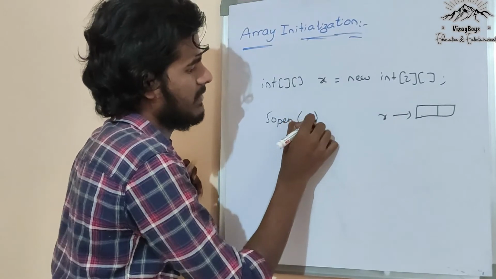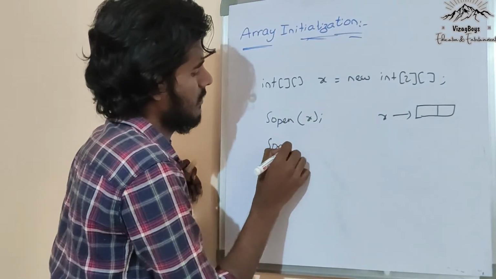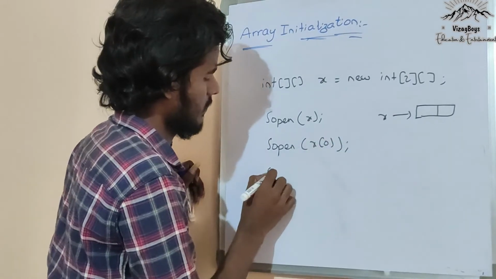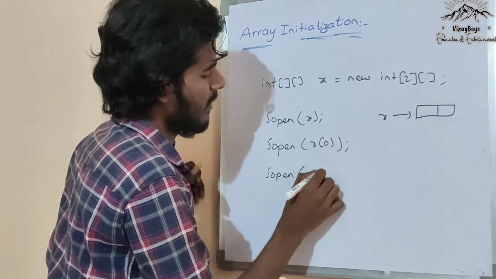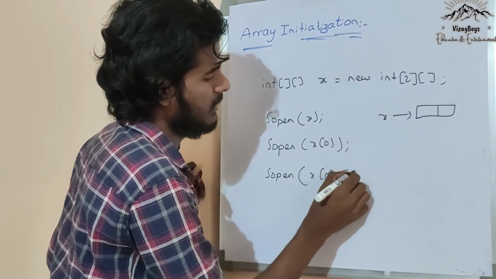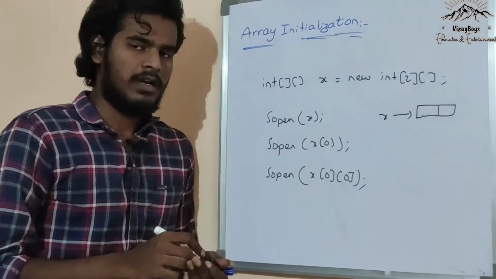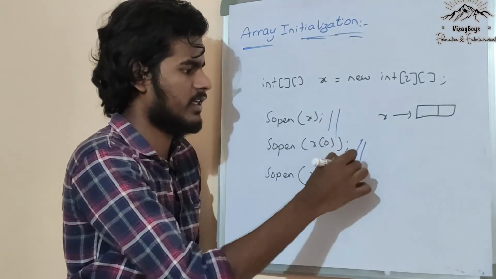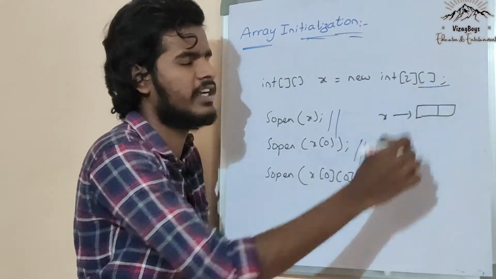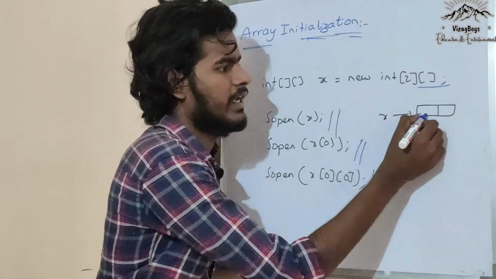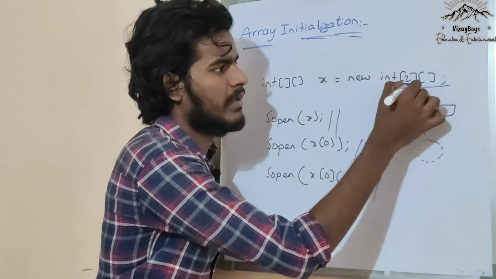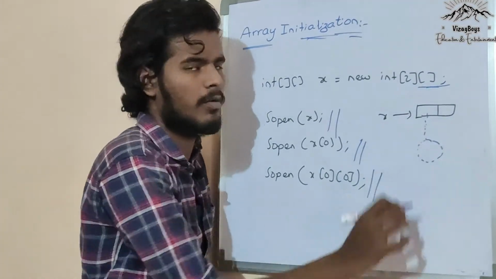SOP of X, SOP of X of 0, SOP of X of 0 of 0. What is the output we will get? Listen carefully. Here we didn't mention the size, so it refers to the object.